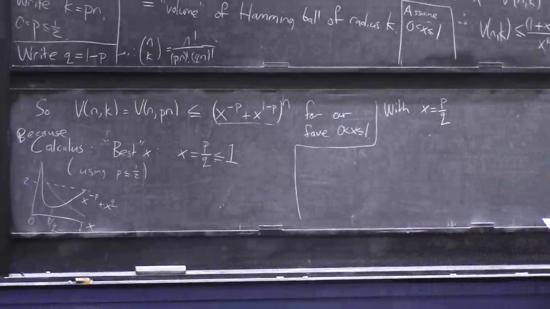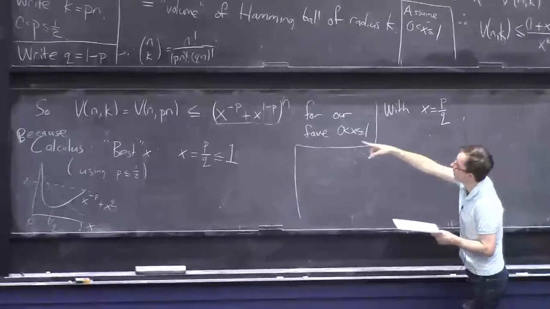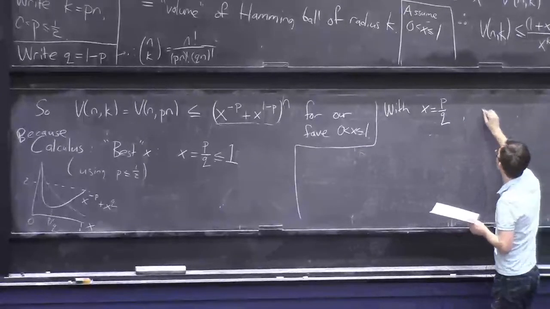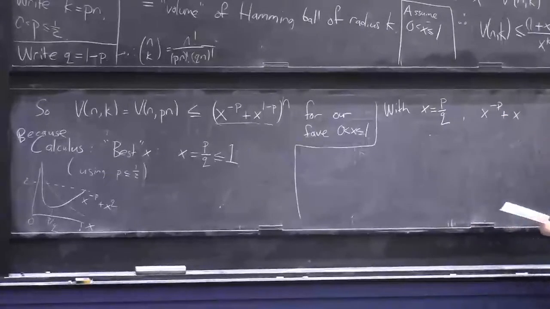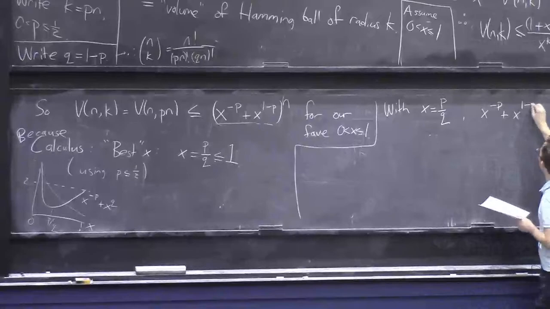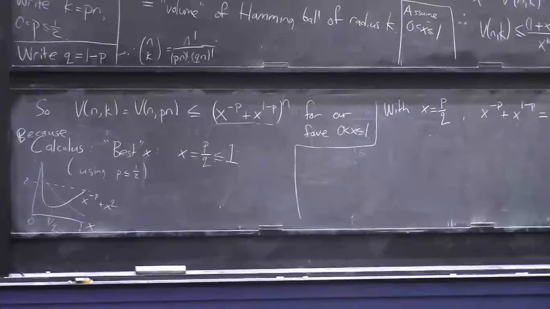With x chosen to be p over q, this expression in the base of the exponent, x to the minus p plus x to the 1 minus p, is, let's factor out x to the minus p, 1 plus x, OK, which is x to the minus p, 1 plus p over q by our choice of x being p over q.